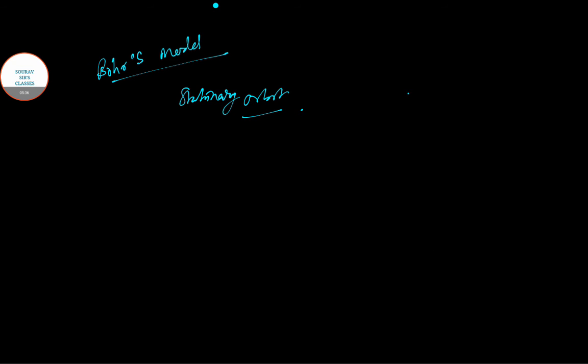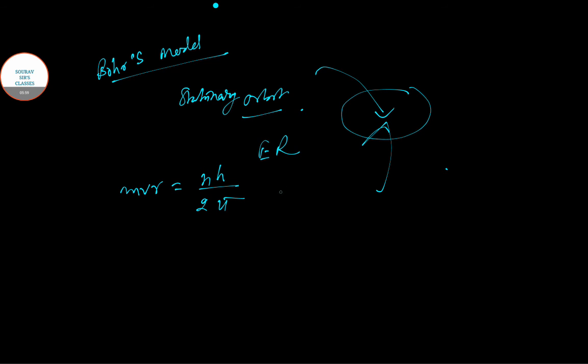When the electron jumps to a lower stationary orbit, energy is lost in the form of electromagnetic radiation. Conversely, when energy is supplied, the electron jumps to a higher stationary orbit. The angular momentum of an electron is quantized: mvr equals nh by 2 pi, where n is the orbit number from 1 to infinity, h is the Planck constant.